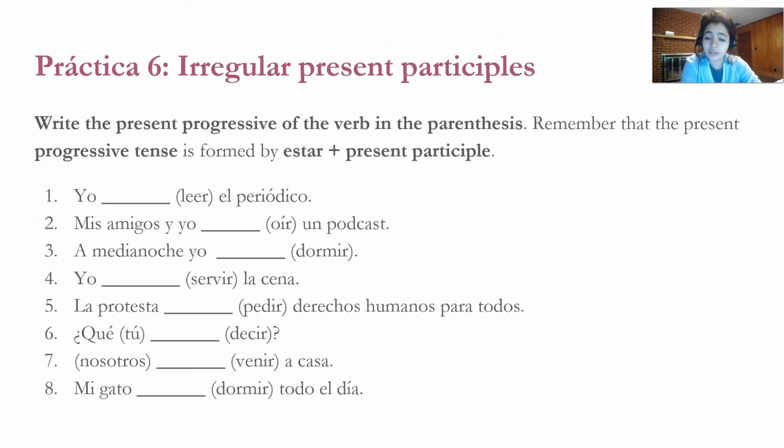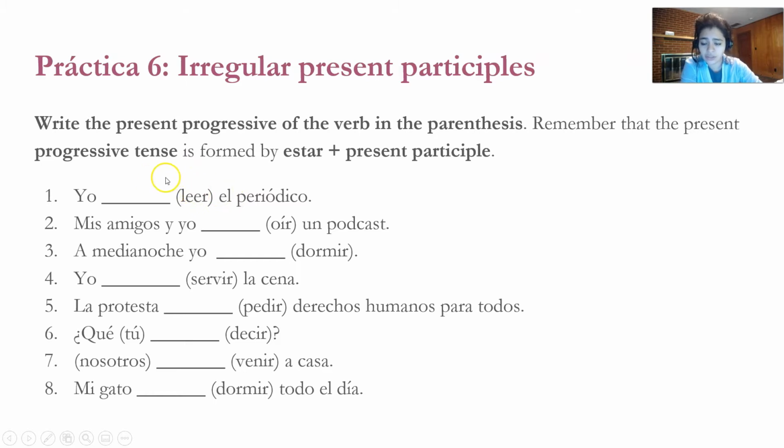Okay, irregular present participles. We're gonna practice them. Write the present progressive of the verb in the parentheses. Again, remember that the present progressive tense is formed by the verb estar plus the present participle. So here, leer, yo blank leer el periódico, you have to turn this into the present progressive.